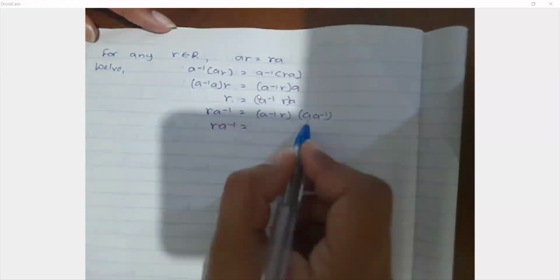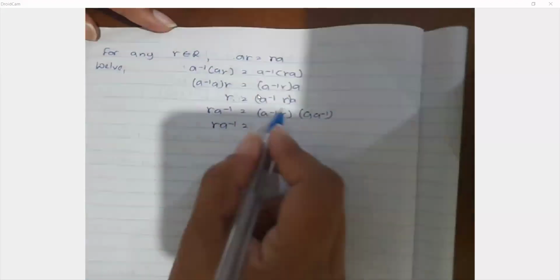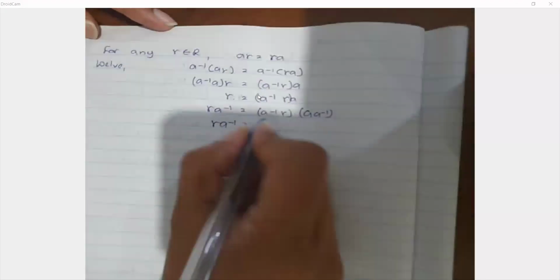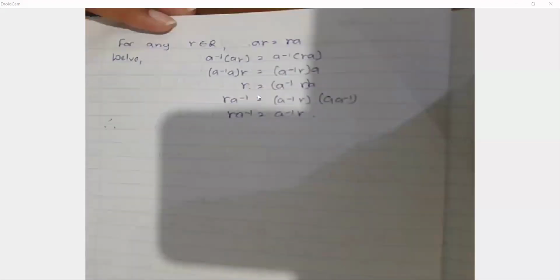Over here, once again, A times A inverse by definition is simply the unity 1. 1 times any element in R gives you that element, so we have A inverse R. Now this R is chosen arbitrarily. For any R, R times A inverse is equal to A inverse times R. By definition of the set S, we have A inverse belonging in S.